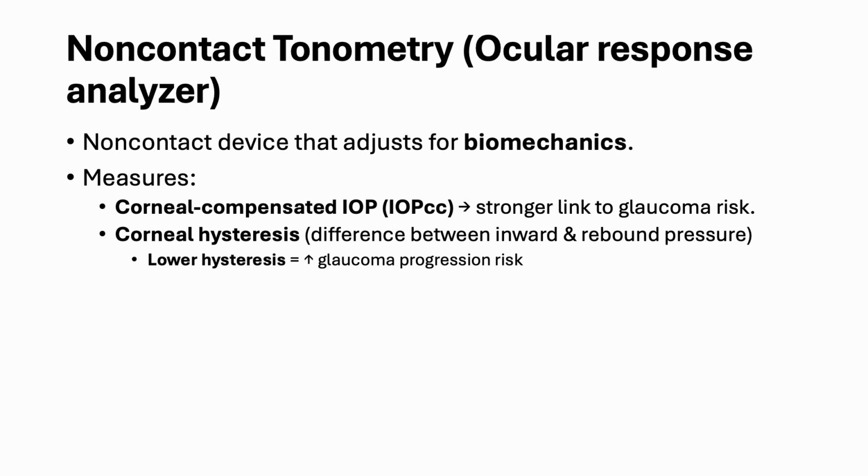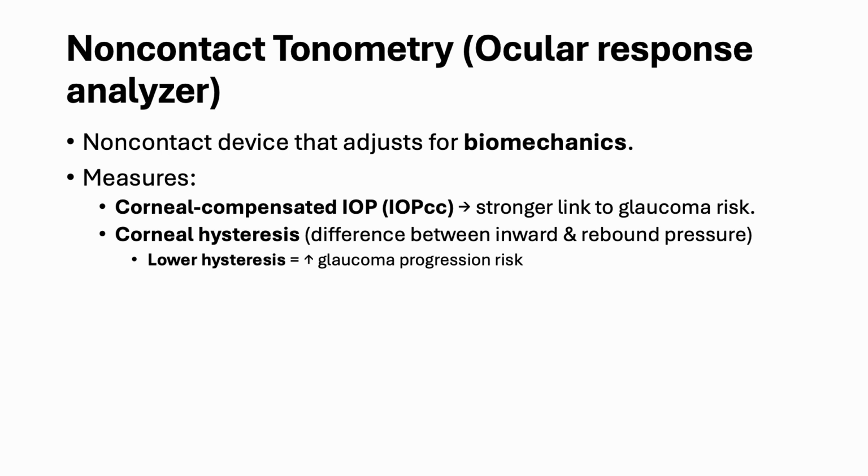Now let's talk about a more advanced form of non-contact tonometry, the ocular response analyzer. Unlike the standard air puff, this device adjusts for corneal biomechanics, providing a more refined measurement. It gives us two key pieces of information. First, corneal compensated IOP, or IOPc, which has been found to correlate more strongly with glaucoma risk than traditional IOP measurements.